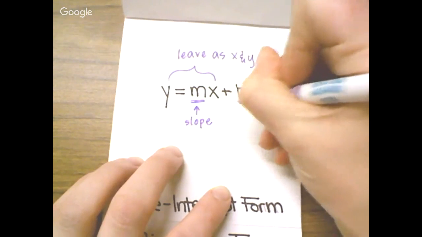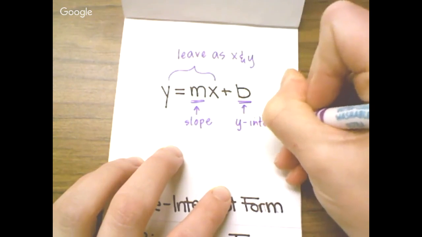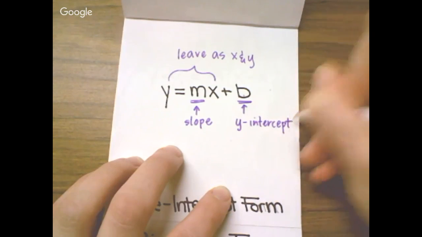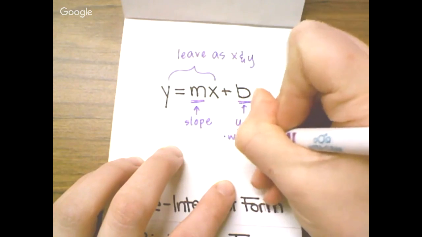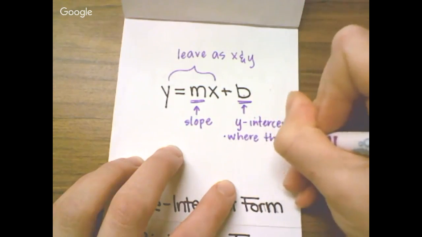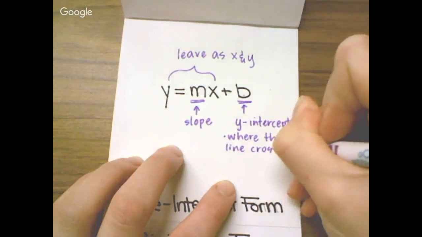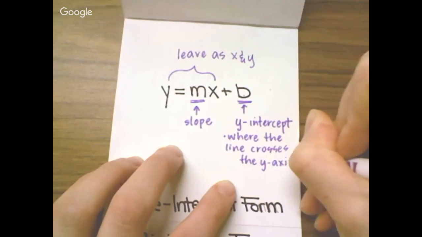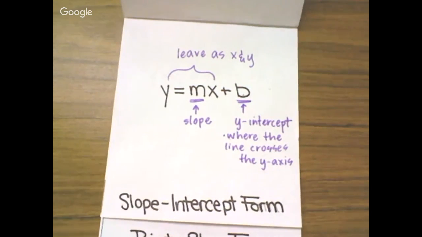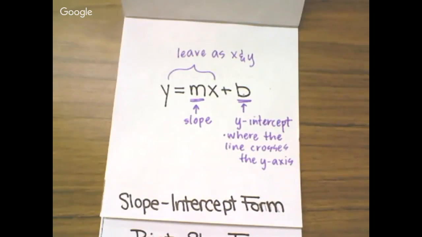And then my b, this is my y-intercept. Okay, we said this is where the line crosses the y-axis. Okay, so that's my first form.